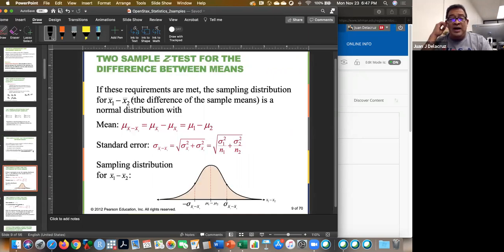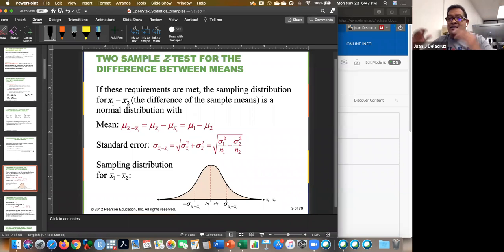So if these requirements are met, the sampling distribution for the difference between the sample means. Remember, these are the sample means of my two different samples. I am looking at the GPAs of students, male and female. So I want to collect the data, let's say for 30 males and 30 females.